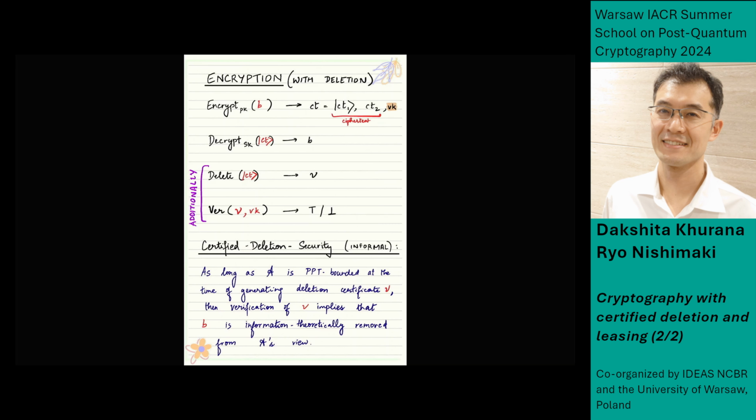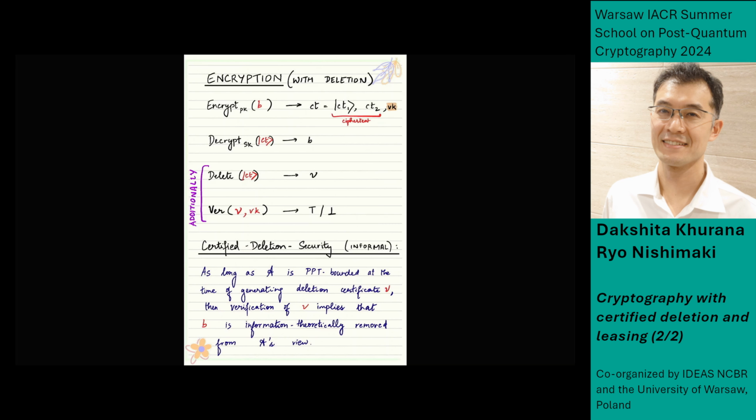This is the syntax of this primitive. We have a key generation algorithm, and we have an encryption algorithm using the public encryption key PK.